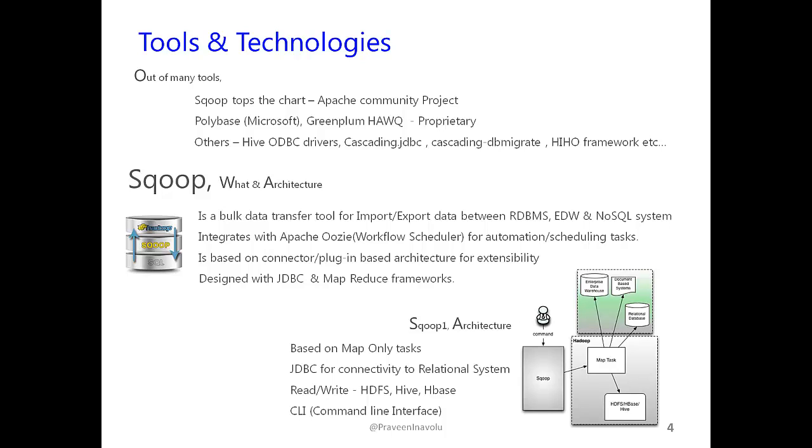In one of the demos, we will look into how to get the data from Hive ODBC into an Excel spreadsheet. There are other ways of moving the data, such as Cascading JDBC and Cascading DB Migration, and there are also some other frameworks to do this exchange. Since Sqoop is on the top, we have to look into what Sqoop is and what architecture it is built on.